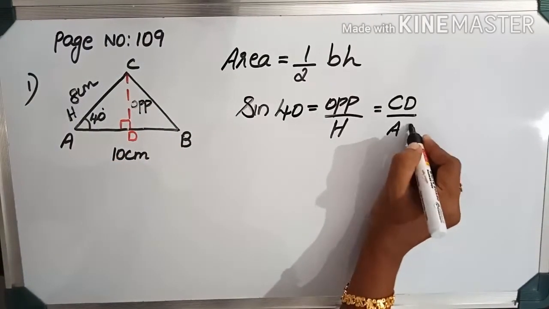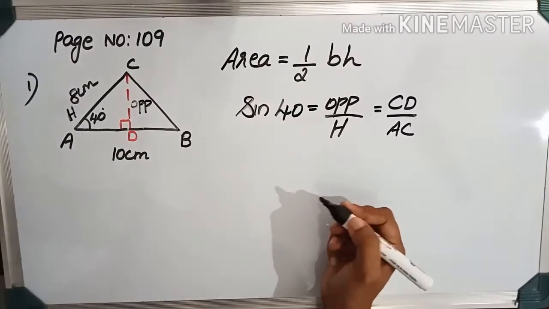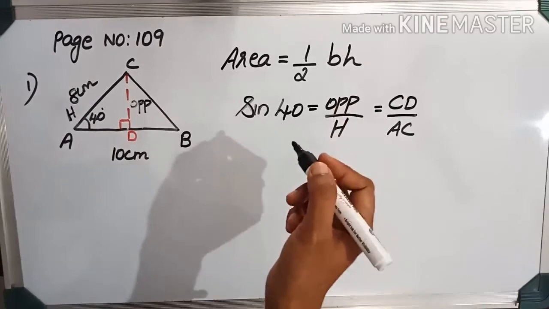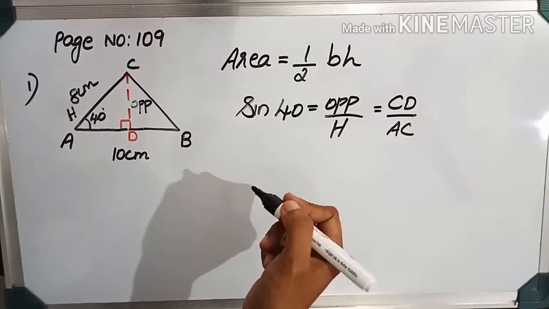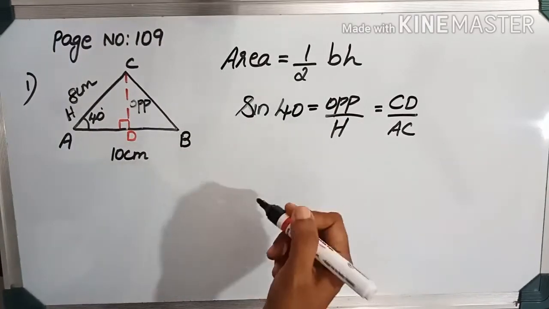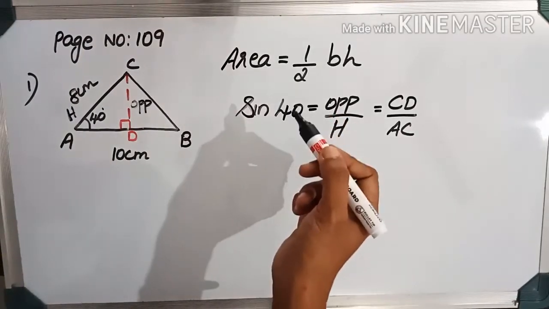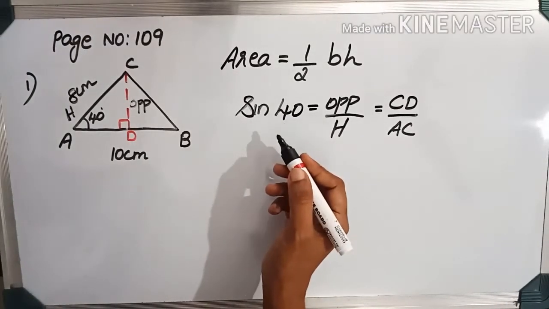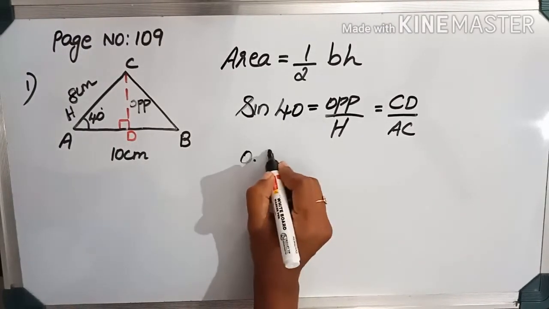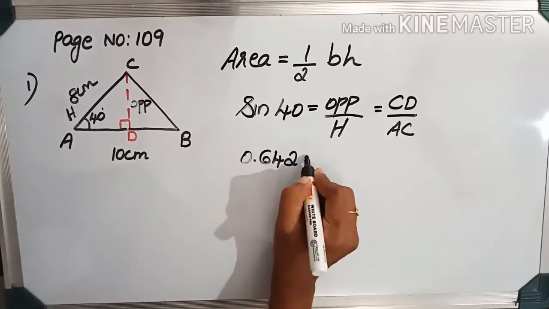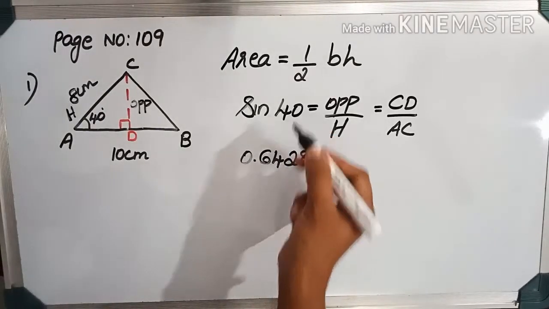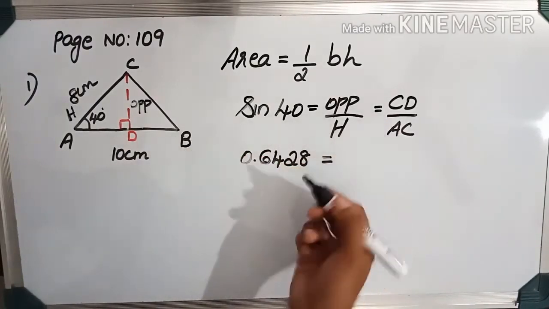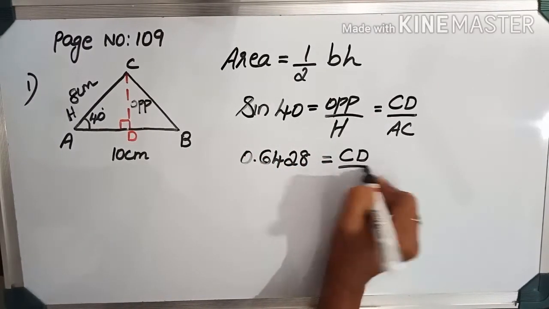Sine 40 value, I told you, is given in the last page of your textbook. For the exam it will be given in the question paper. So here you have to write the values from the textbook last page. Sine 40 is 0.6428. This is the value of sine 40 equal to CD by AC. CD we don't know, that we have to find.